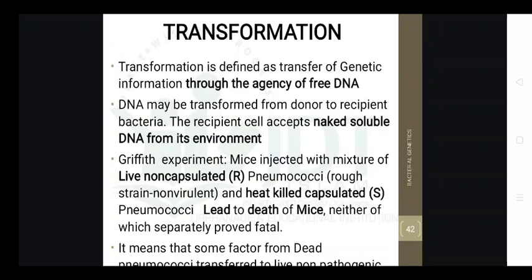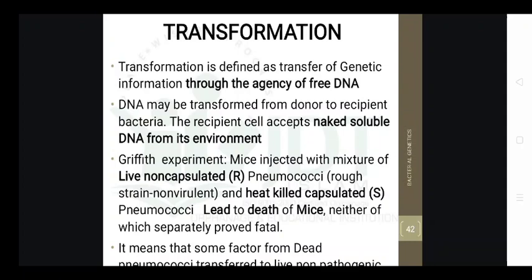And he mixed this with heat-killed capsulated pneumococci. Heat-killed capsulated pneumococci also do not kill the mice because he had already destroyed the infectious nature.